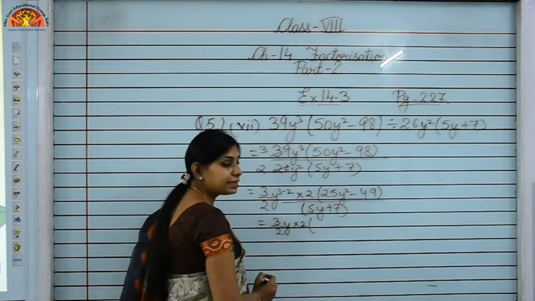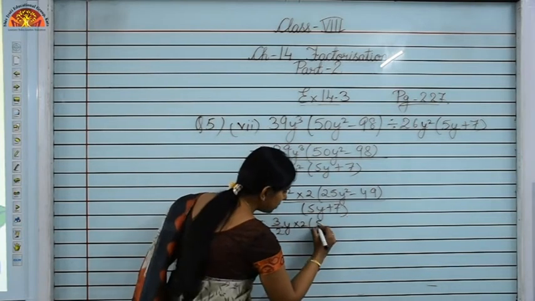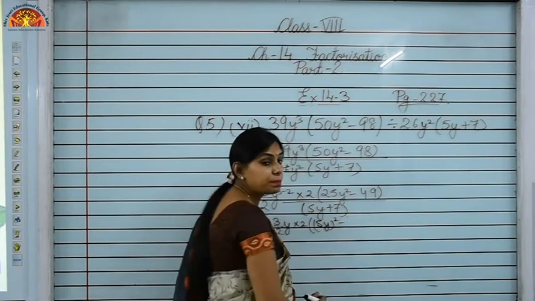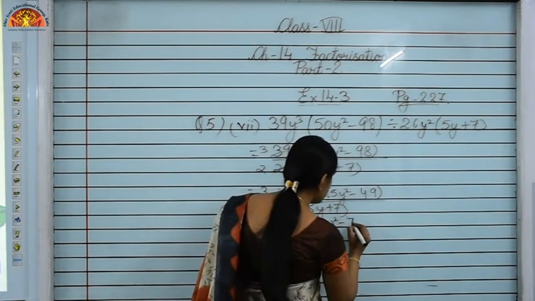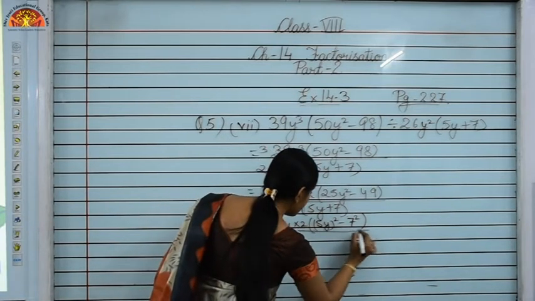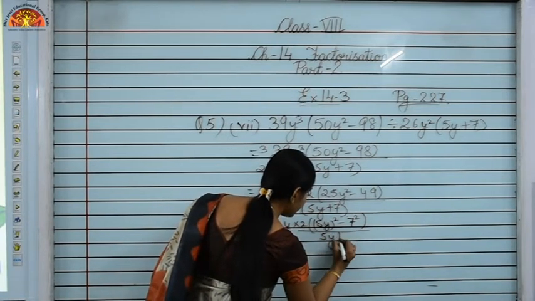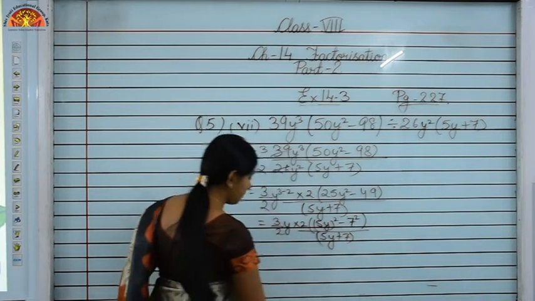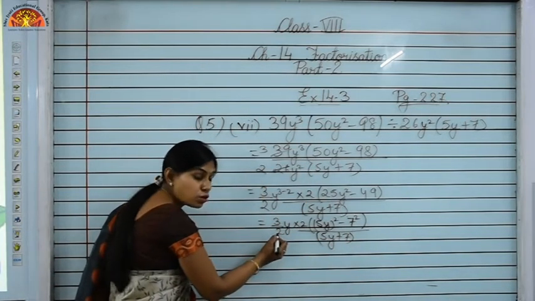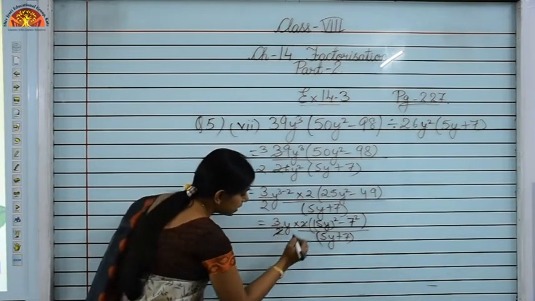25y square can be written as (5y) square, and 49 is the perfect square of 7, so it can be written as minus 7 square, divided by 5y plus 7. Got it? Now you can see in the numerator also it is 2 and denominator also it is 2, so it will be cut.